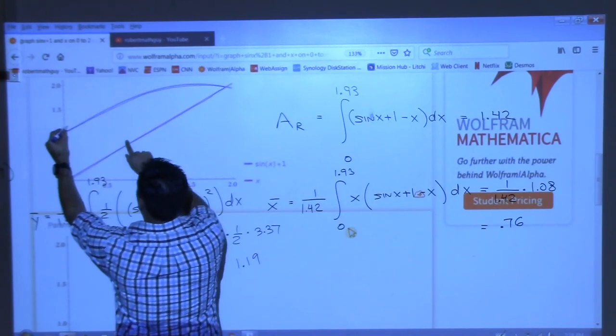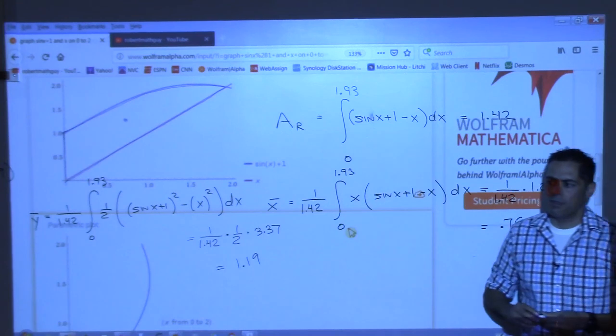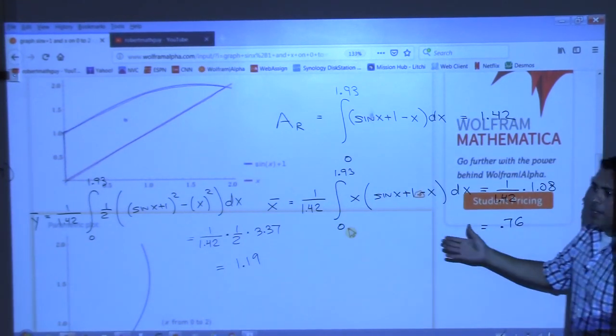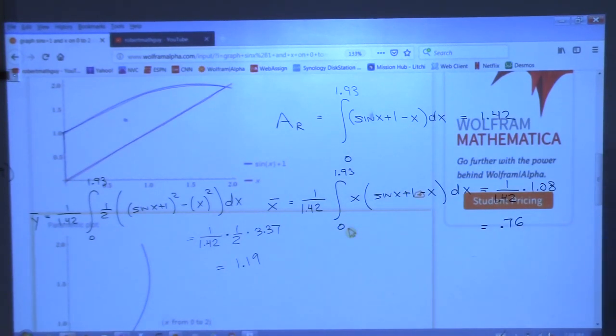So somewhere around in there is the center of mass. Okay? You see how quickly with the computer you can do something like that? If you know what integrals to use, right? You don't even need your techniques of integration. You just go and get it done.